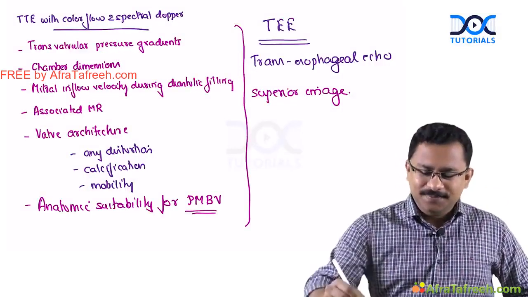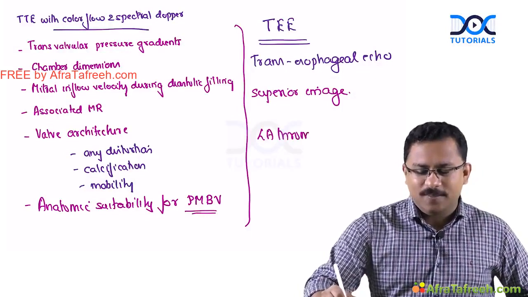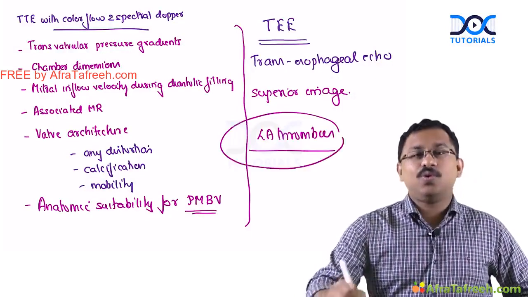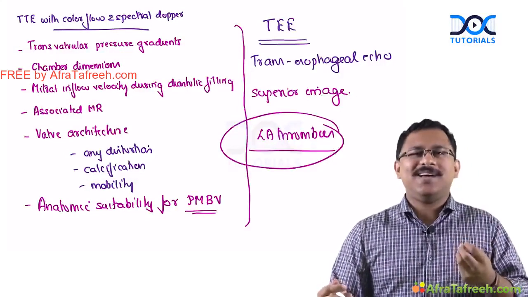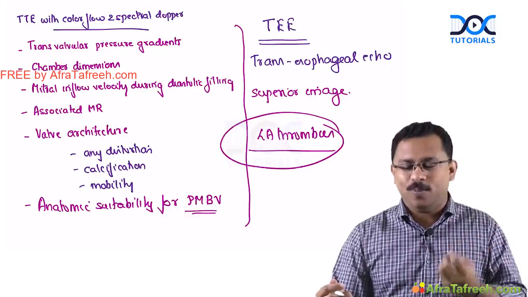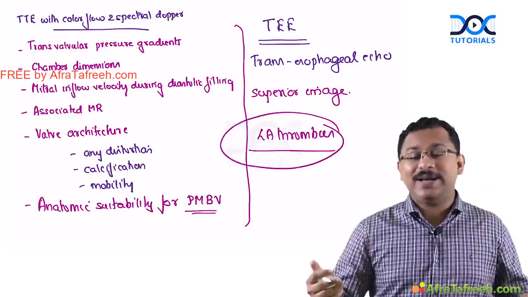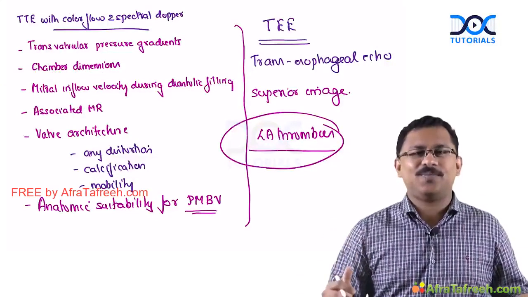That is when you are suspecting an LA thrombus. To rule out the presence of an LA thrombus prior to a procedure like a PMBV, percutaneous mitral balloon valvuloplasty, a transesophageal echo is preferred over a transthoracic echo.